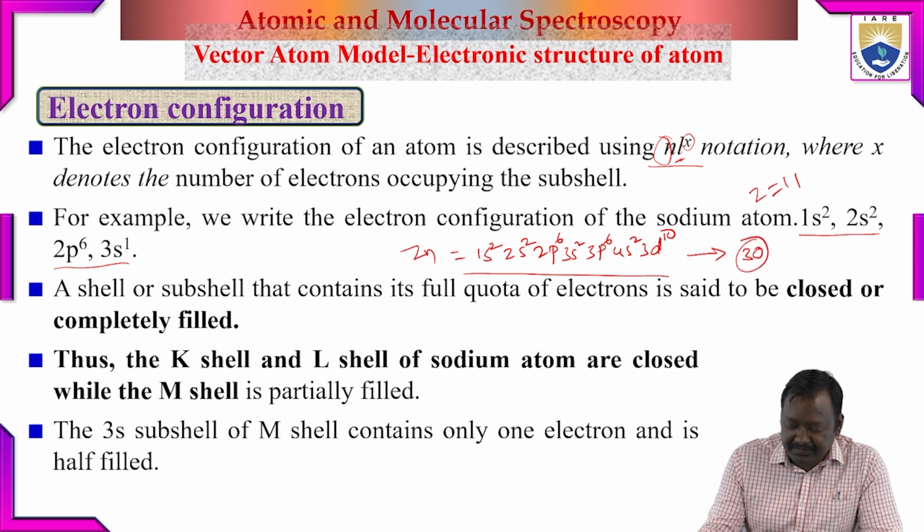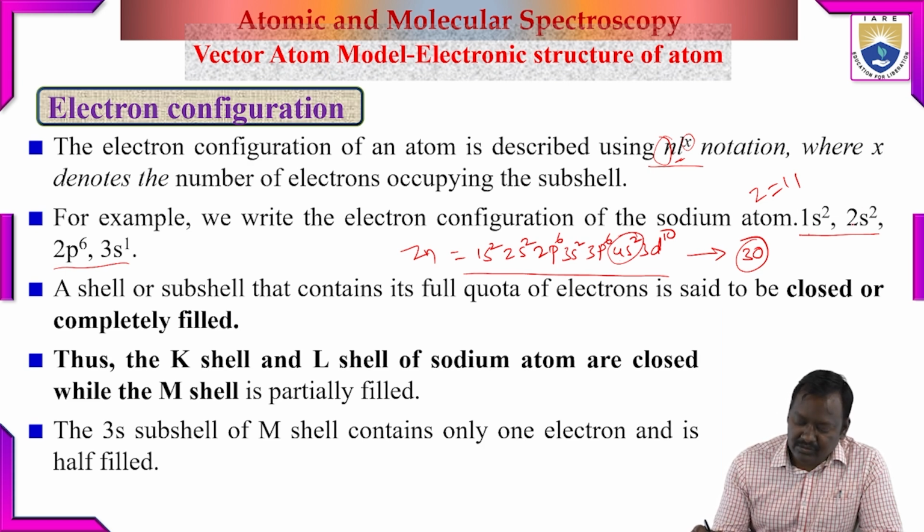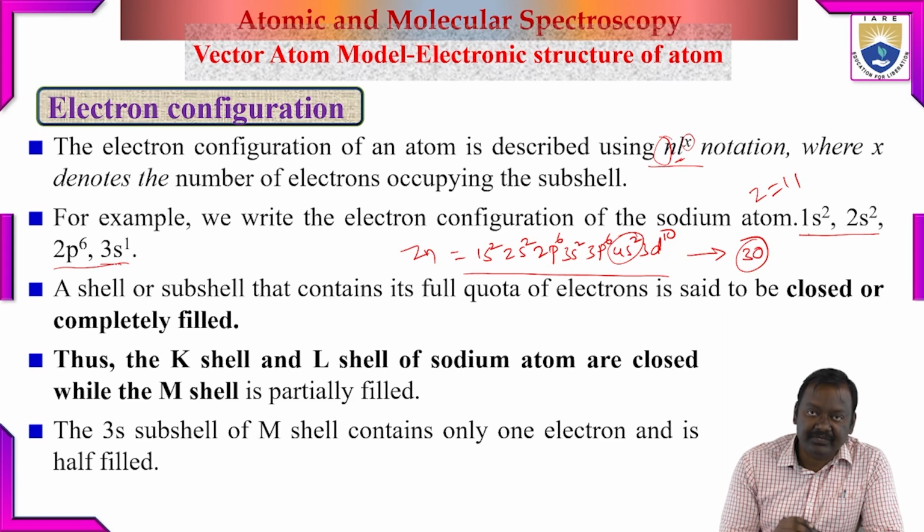So here electrons are completely filled in the outer orbital also. Outer orbital here is the fourth orbital, n equal to 4 is the maximum for this particular atom. In the case of the sodium atom, 1s2, 2s2, 2p6, 3s1, up to the third orbital electrons are filled.